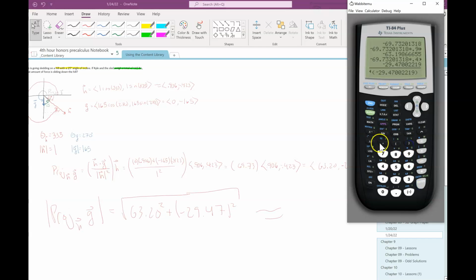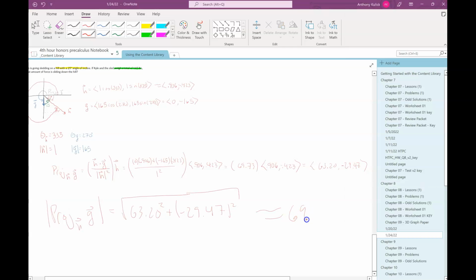So I acknowledge that I'm using the wrong numbers for my calculator, but it doesn't really matter. So 69.73 pounds down the hill.